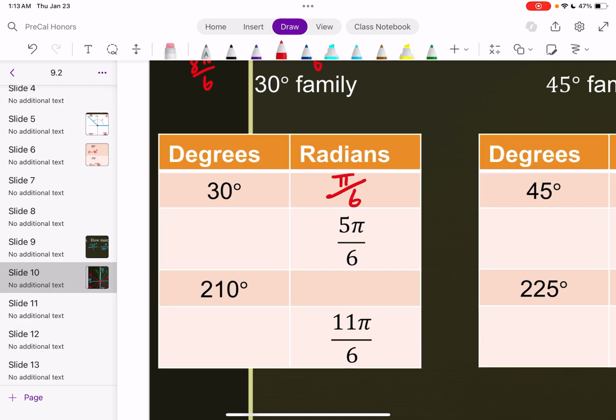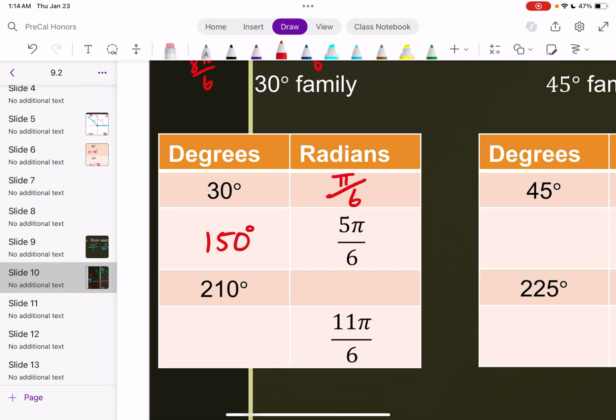Understanding that 5 pi over 6 on the radian side, if it was 6 pi over 6, at that point that would be 180. So we subtract 30 from 180, and as we do that, we end up with a total of 150 degrees. We go ahead and look at 210.